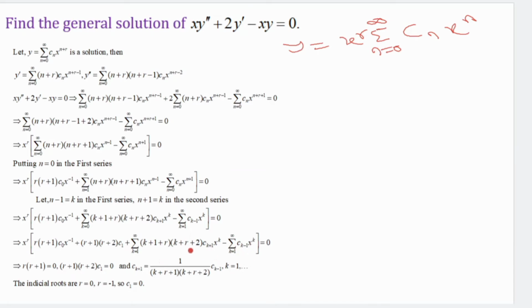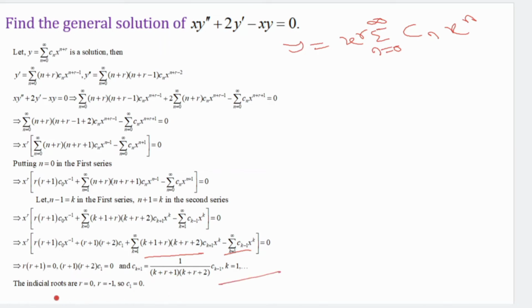So c(k plus 1) equals c(k minus 1) divided by (k plus 1 plus r)(k plus r plus 2). In the left side this is negative, that's why when it goes to the right side it becomes positive.